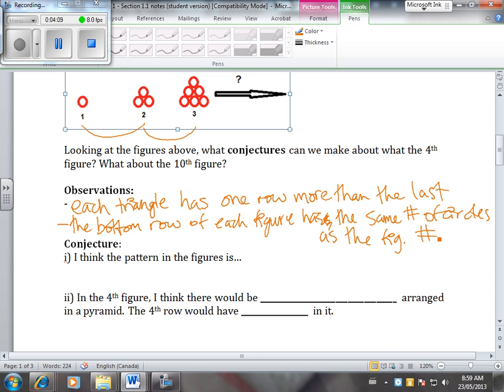Now again, we only see 3. And this is why when we make our conjectures, we're basing the evidence on these 3 things. But we don't know for sure. This is our evidence that we're working with, and so this is all we can base it off of.